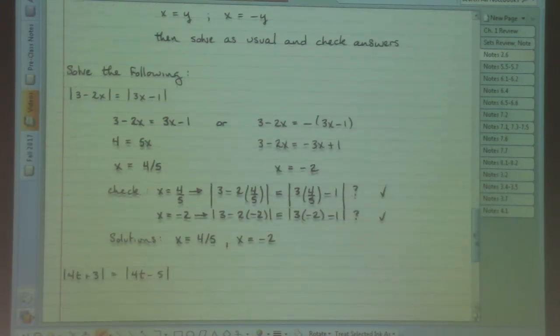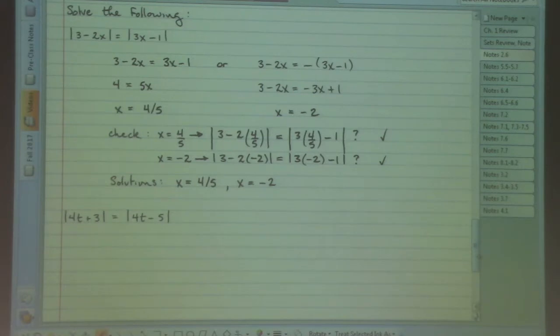And again, just to emphasize the idea here, we've got one final problem where we're using that same basic skill. We want to again start out by taking what's inside on the left side and setting that equal to the inside of the right-hand absolute value. 4t plus 3 is equal to 4t minus 5.